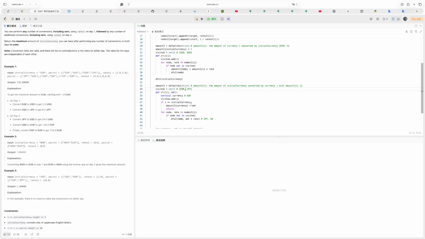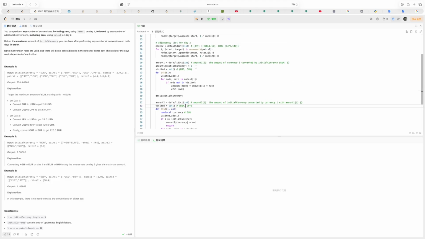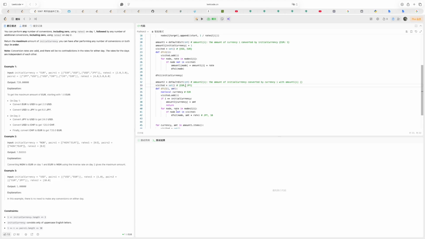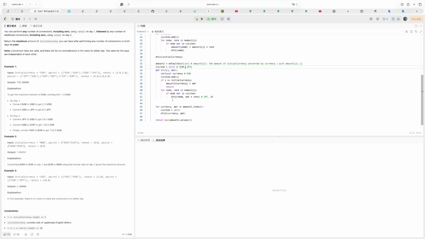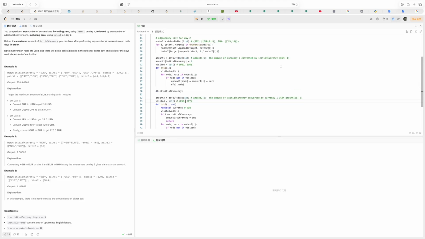It is not the initial currency. For JPY, we have euros, but euros is already visited, so the DFS for day 2 and the for loop have ended.